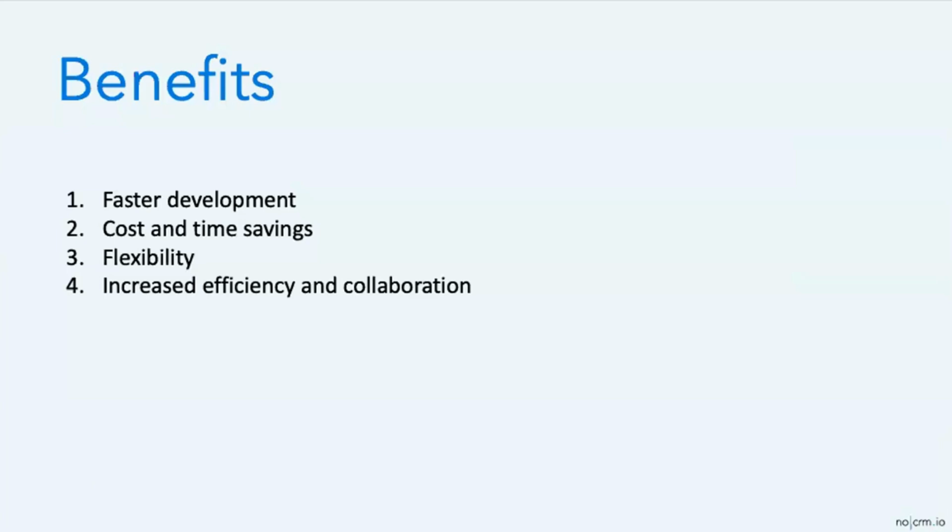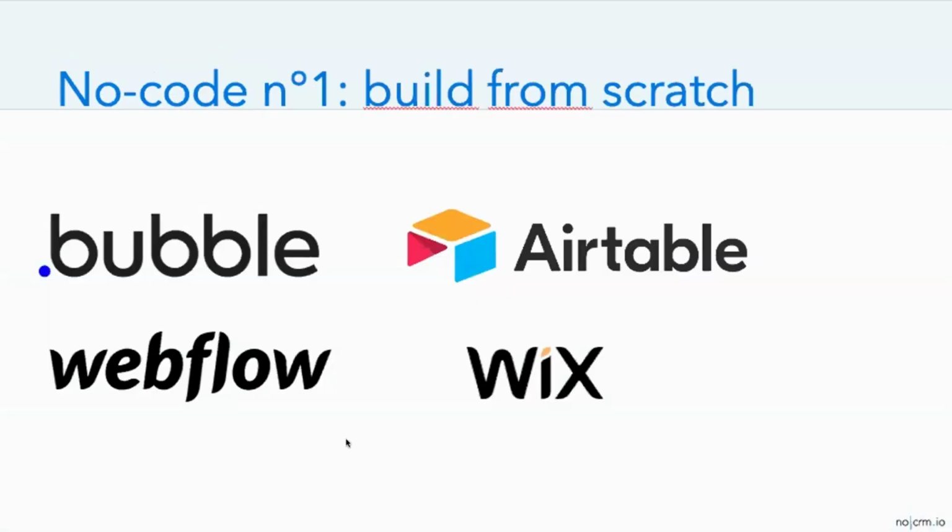There are 2 categories of no-code products that I'm just going to quickly introduce. The first one includes a couple of examples here, like Bubble, Airtable, Webflow, and Wix. Some of you may be familiar with them. It allows you to build digital products from scratch, so you can build landing pages, web apps, and internal tools.